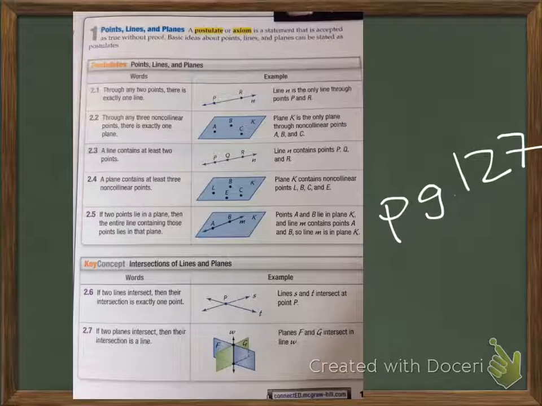Sometimes you'll rarely hear it called an axiom, but basically a postulate is a statement that's already accepted as true and we don't need any proof. So they have different postulates here about points, lines, and planes, and the intersections of lines and planes. So when you're explaining something, you're going to use these postulates to help you with your proof.